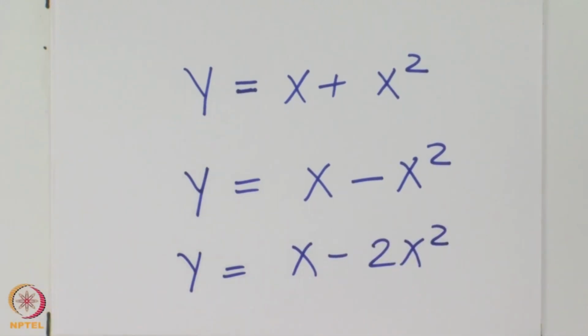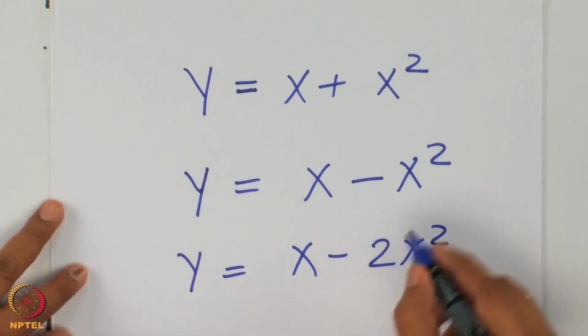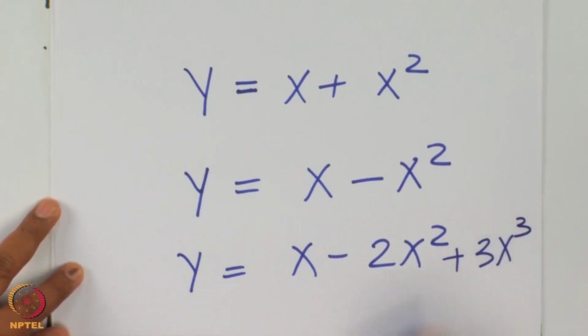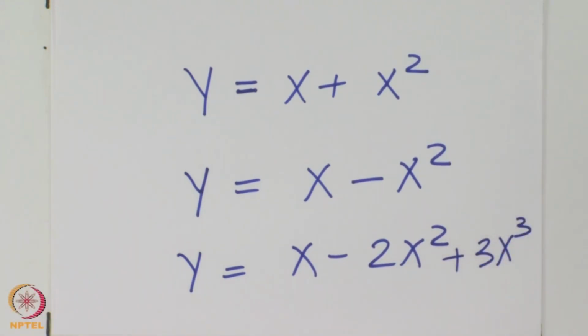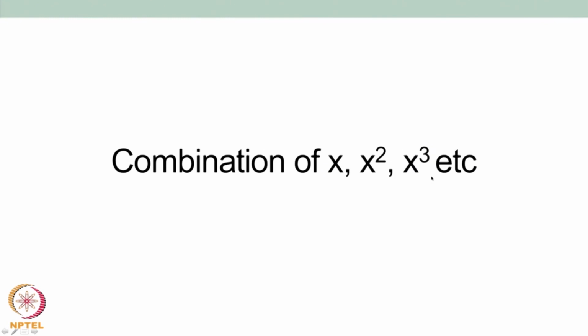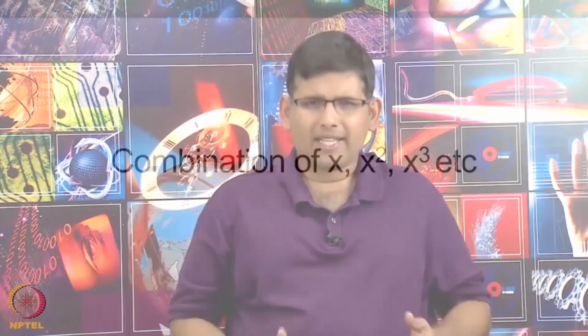Various functions one can think of which are combinations of these, or it could be y equal to x minus x squared plus 3x cubed. So one can think of combinations of x, x squared, x cubed, etc. This is what we will explore next. These are more functions which can be written as combinations of x, x squared, x cubed, x power 4, etc., which we know how to plot now.